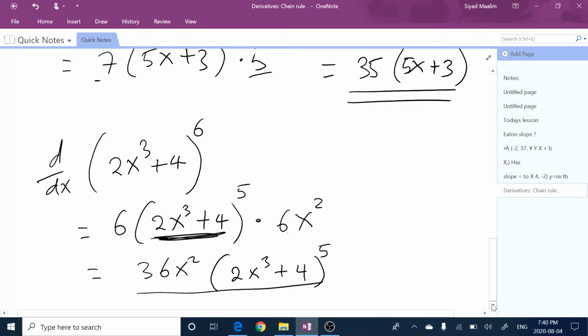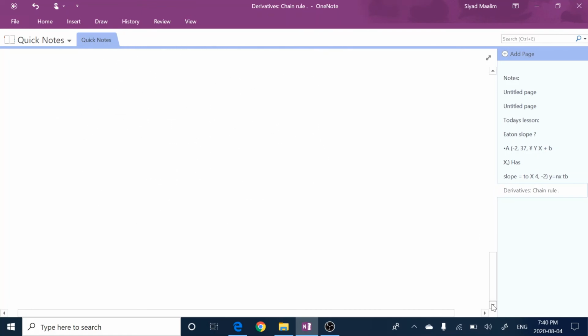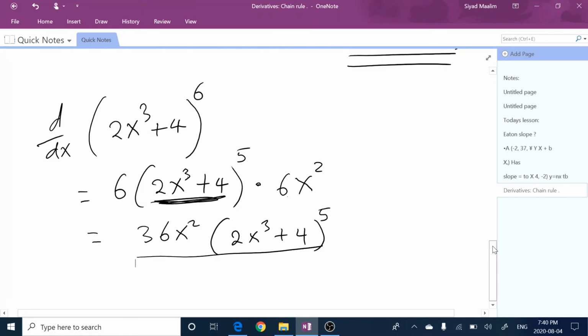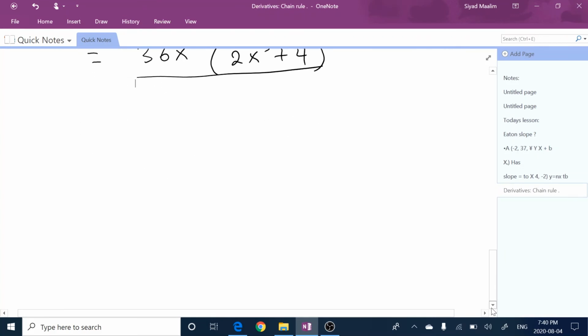Okay, let's do another example. Say you want to find the derivative of sine of 7x.